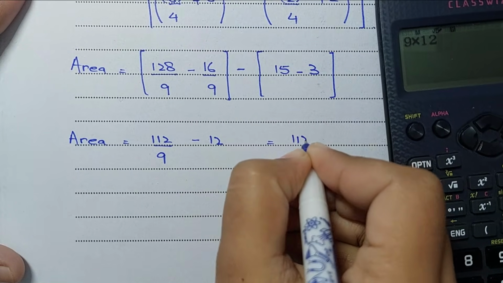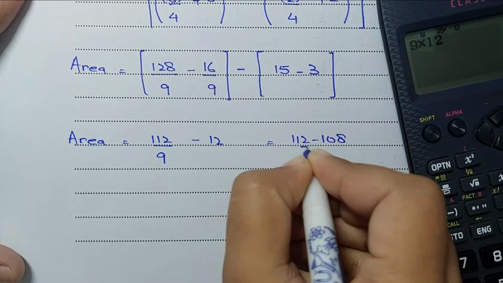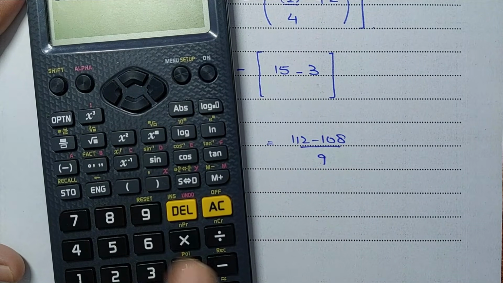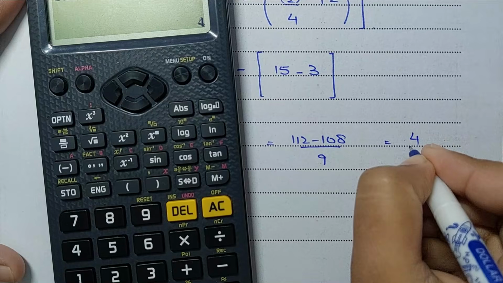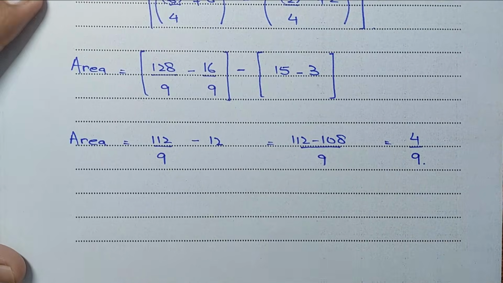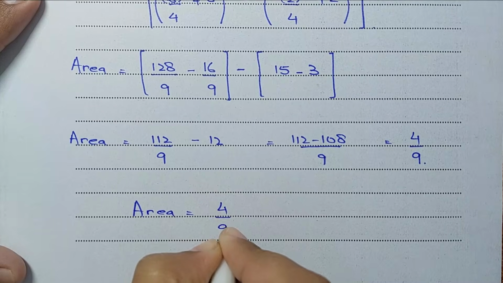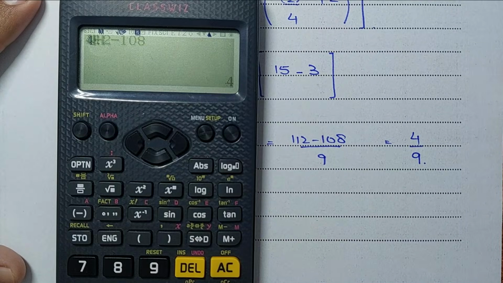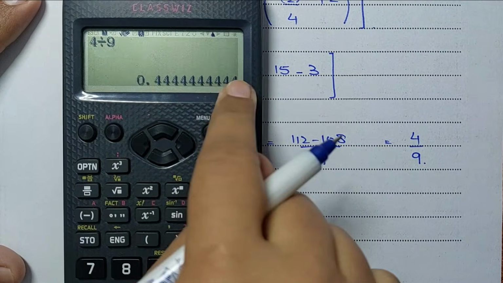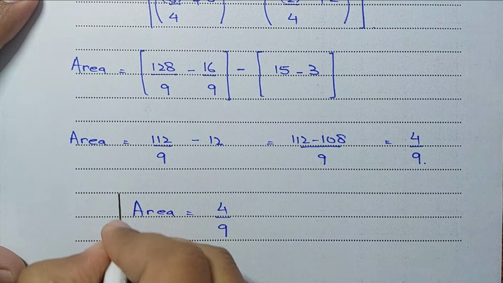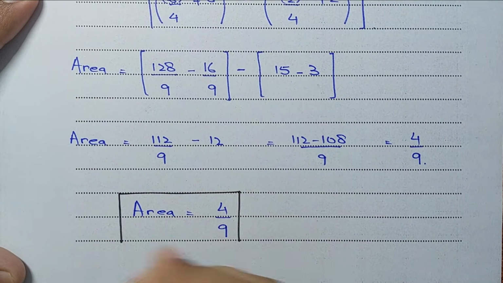So 112 minus 108 divided by 9. From 112 subtract 108, this is 4. So 4 by 9. So the area of that region is 4 by 9 or 0.44444. That is the area.